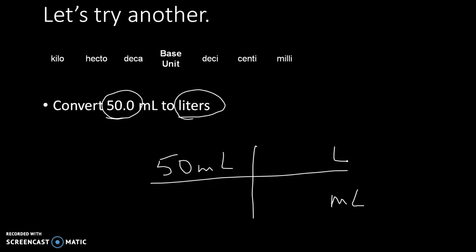Then we're going to look at milliliters and liters and determine which one is larger. Here's milli, and then liter is a base unit. It's to the left of milli, so we're going to write a 1 next to the larger unit, which is that 1 liter. And then we'll determine how many of the smaller units are in the larger unit. You can do this by looking at this chart.